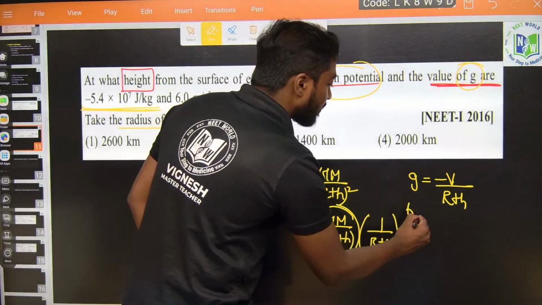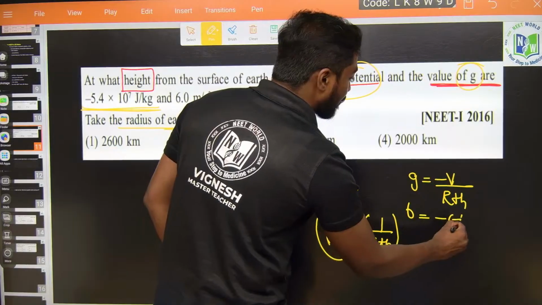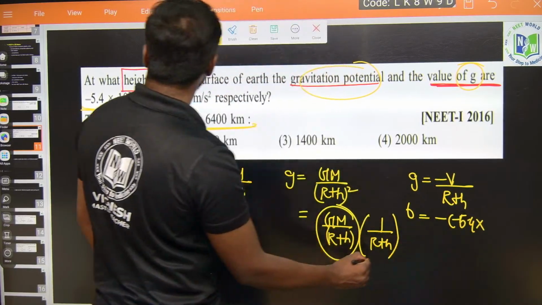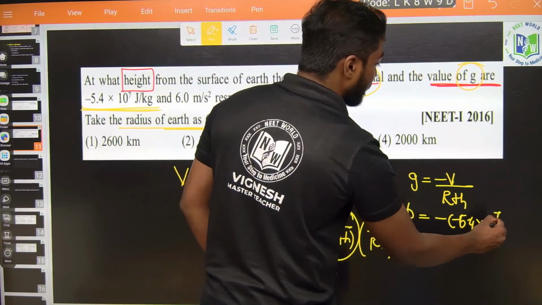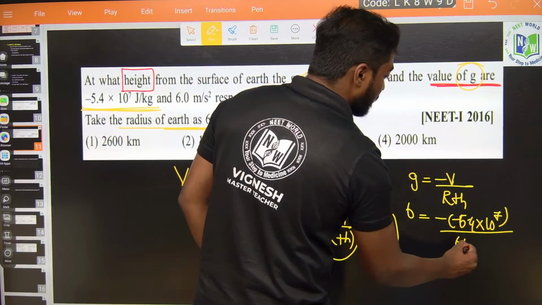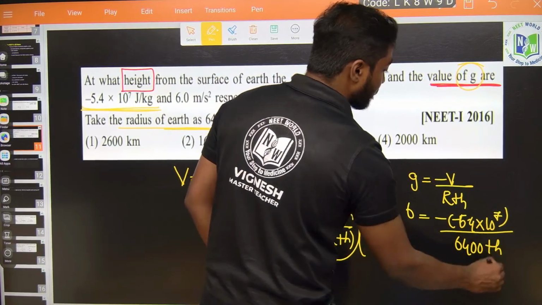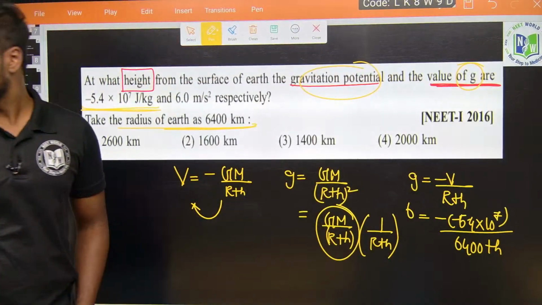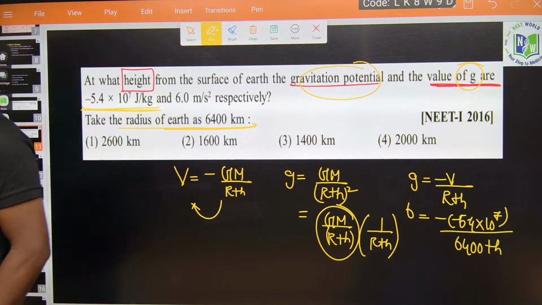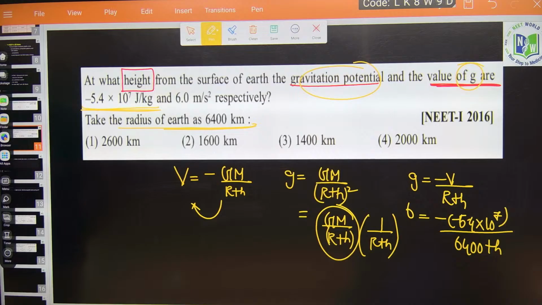So 6 is equal to minus of minus 5.4 into 10 power 7 divided by 6400 plus H. From that I can find the value of H. The answer is nearly 2600 kilometer. Yes, that is the answer, guys.